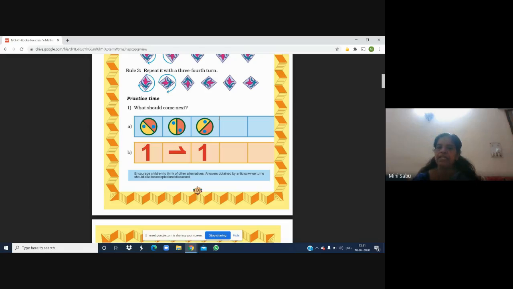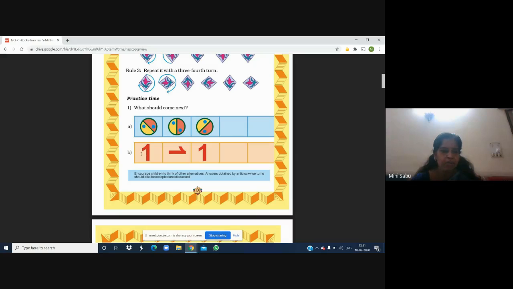That means this circle is rotating in such a way that this line goes to the corner, then to the center, then to the corner, then to the center. Got it? Now you see it is in this corner. So what will be the next? It will be here. In the next picture, it will be pointing towards this corner. Are you able to make it? Yes, ma'am.